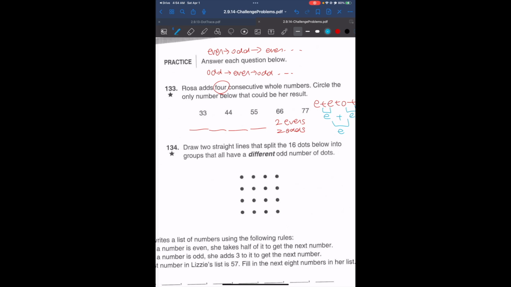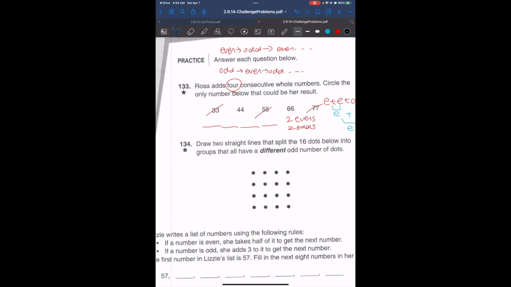First of all, we're going to cross out all odd numbers. So we're left with 44 and 66. Now we're going to guess and check to see if we can find 4 consecutive numbers that sum up to 44 or 66.